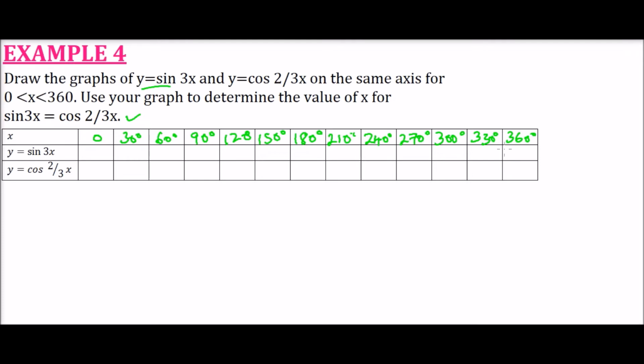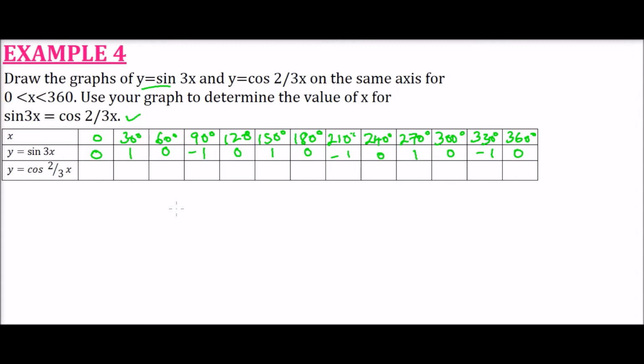Then we have y equals sine 3x. So when x is 0, this will be 0. Then we have 30, that is 90, it will be 1. This will be 0, and it keeps on repeating like that: minus 1, 0, 1, 0, minus 1, 0, 1, 0, minus 1, and finally 0.